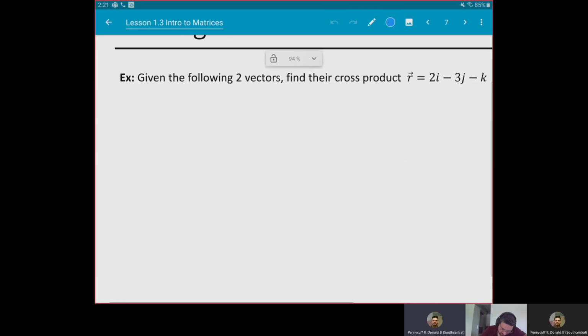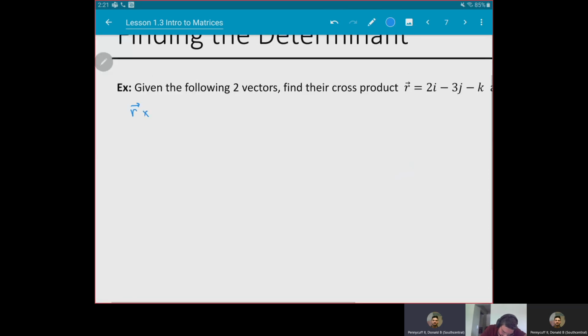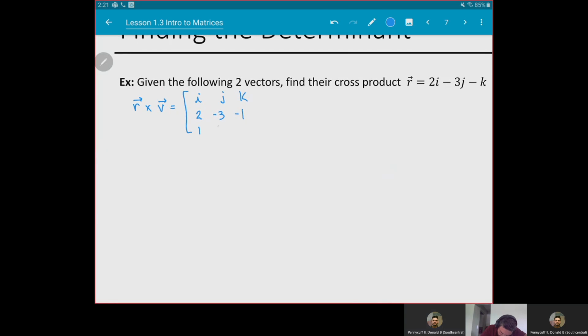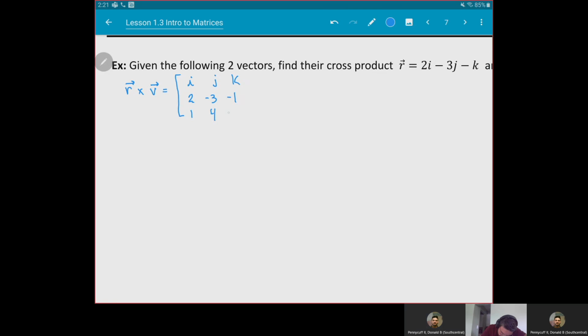So I'm going to find R crossed with V. I'm just going to write i, j, k. So that's 2, -3, -1, and then 1, 4, and -2. Boom.